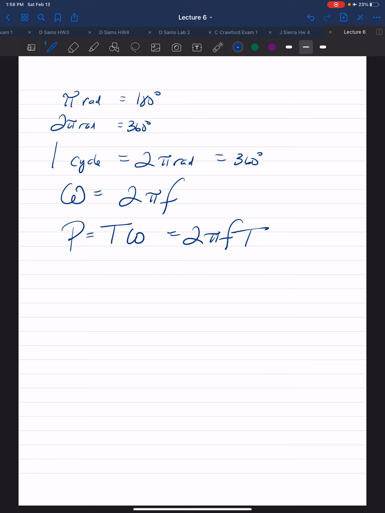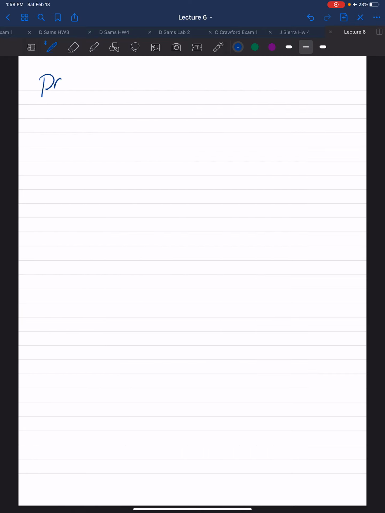So let's get into some problems so we can get some practical understanding of what problems we will be solving with these formulas. So let's take a look at problem 10-3. This is on page 469 of your text.